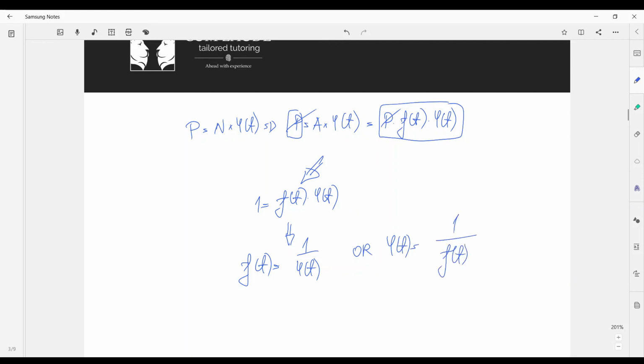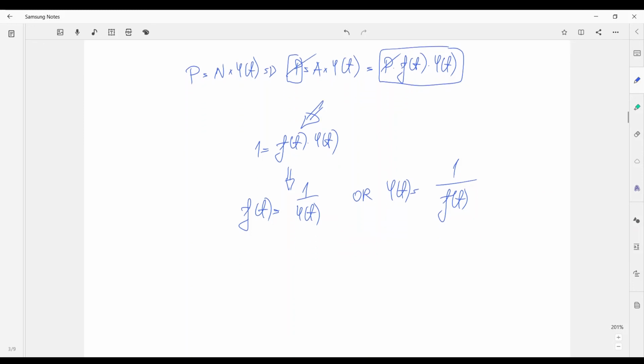So this means that the discount factor and the accumulation factor are just the reciprocal value of each other, and hence they are called conjugate factors. So to conclude our definition, f of t and phi of t are conjugate factors.